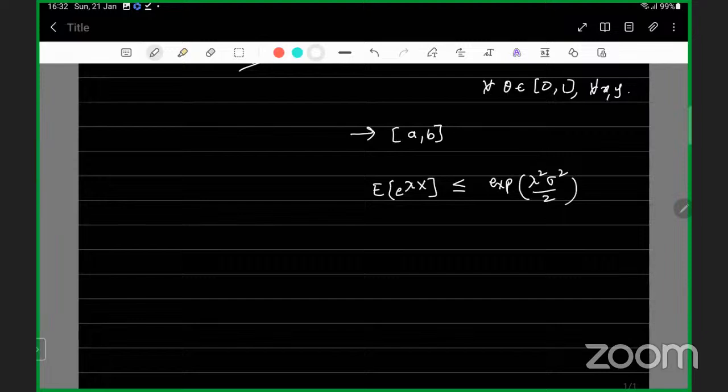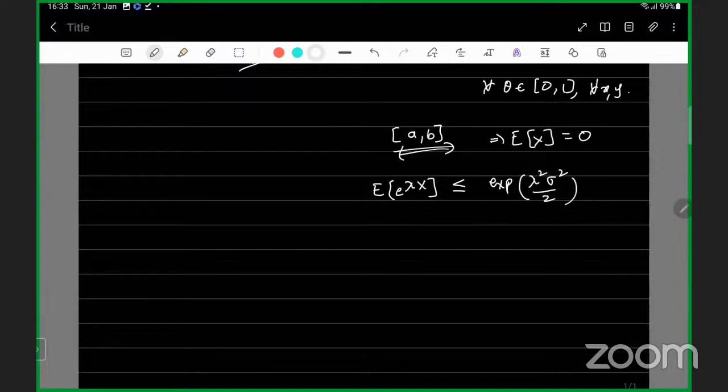This is what we want to prove, right? I think the first thing would be you look at any distribution which is bounded between a and b. Let's assume that expected x is 0. If it is not equal to 0, you have to center it, like you have to consider x minus expected x, because we already know that for any sub-Gaussian random variable expected x is 0, right?